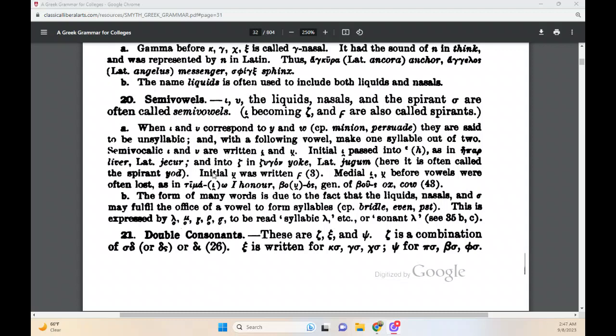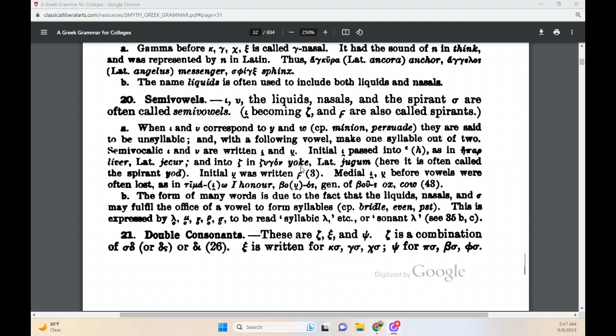Then we've got some historical notes. These historical notes you can usually skim over or ignore. Historical notes become helpful if later in your studies you choose to read authors from different periods.